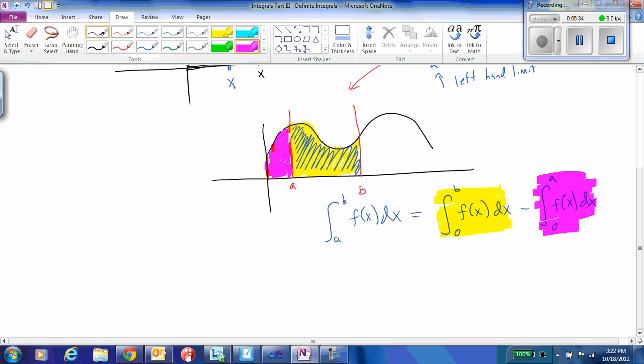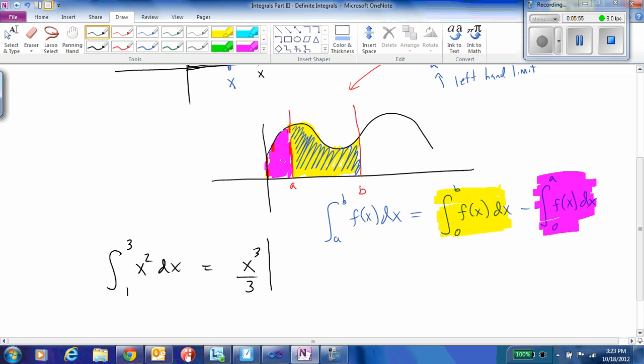Let's show you how you would actually do that mathematically. So if I had the integral from 1 to 3 of x squared dx, taking my integral, x to the third over 3 is my answer to my integral. But now I have to figure out what to do with these limits.